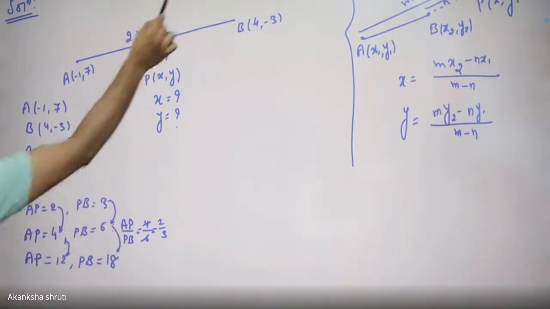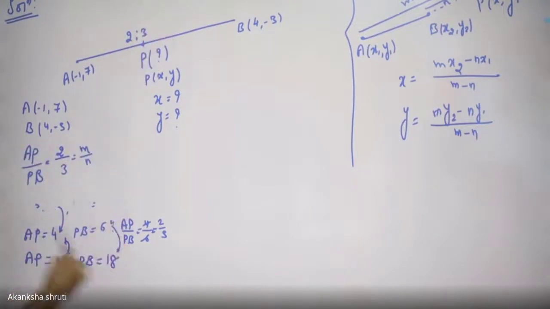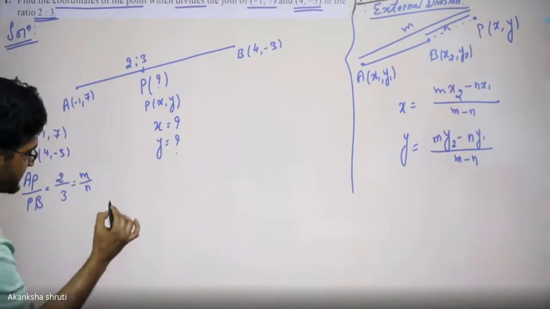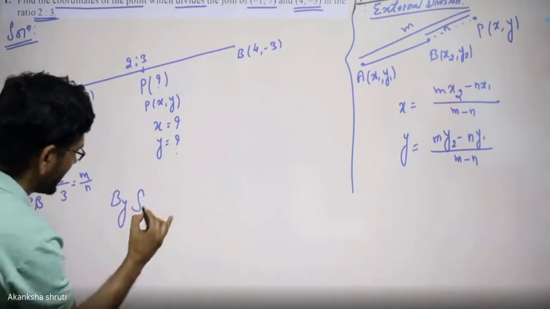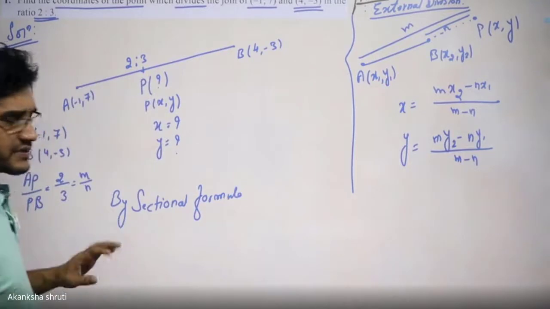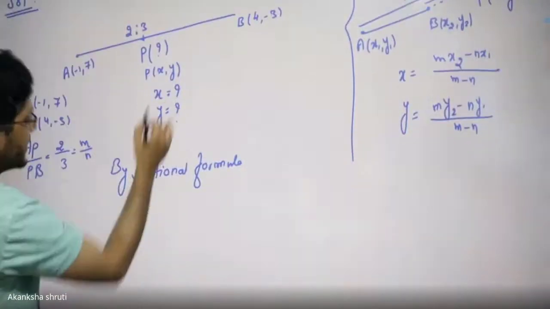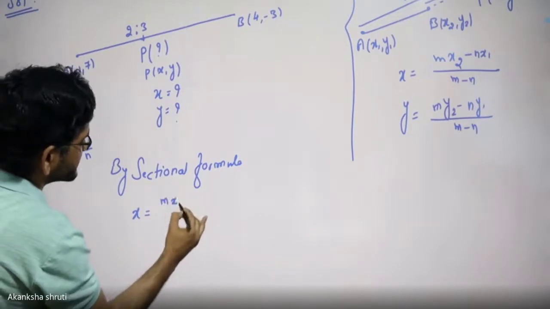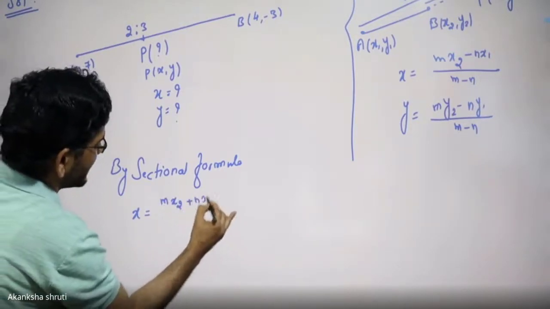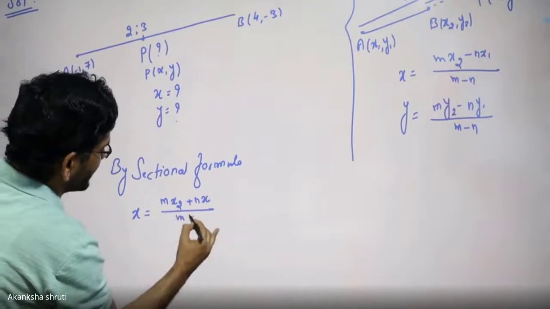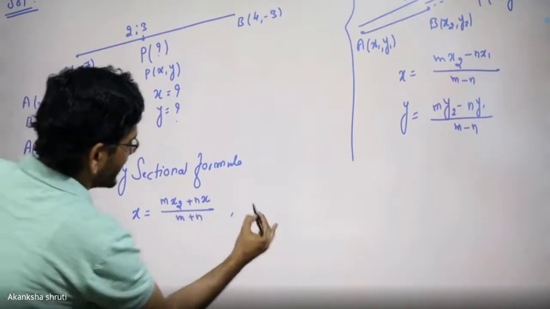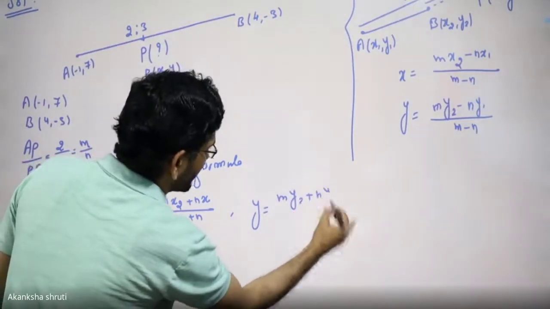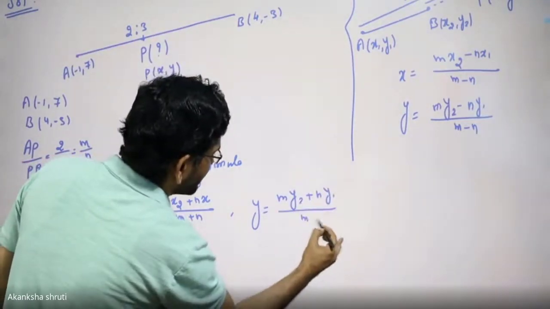Okay, student. So this actual length is not important for us. Students, first we write the formula. By the section formula, the x coordinate of this P is given by (mx2 plus nx1) divided by (m plus n), and y is given by (my2 plus ny1) divided by (m plus n).